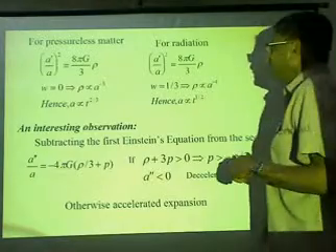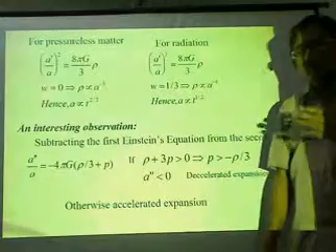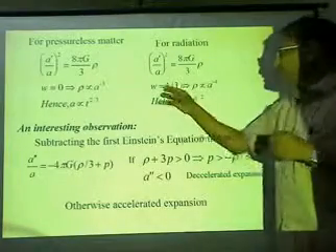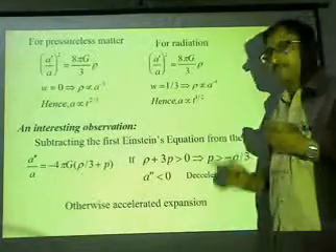Similarly, if I consider the case of radiation, then W is 1 by 3. I use this in the continuity equation, that is the equation representing the first law of thermodynamics, and I will get the density going as 1 by A to the power 4. And I use this in this equation again, and I get A goes as t to the power half.